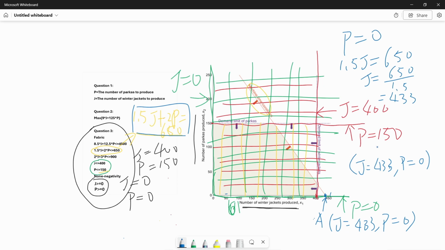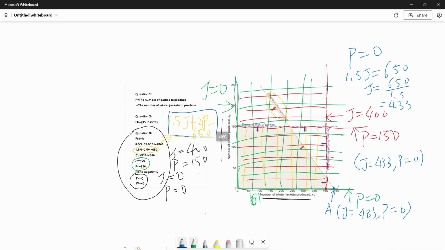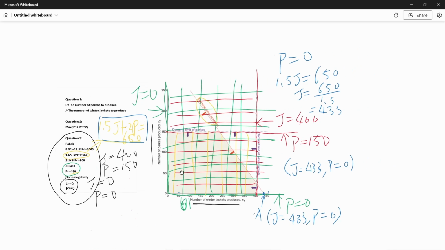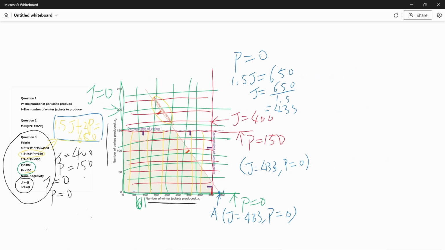So I will use the same idea. Let me zoom out a little bit. Okay, so I will use the same idea, but this time I'm assuming J equal to 0 instead of P, right? J equal to 0, and then this equation will become 0 plus 2P equal to 650.